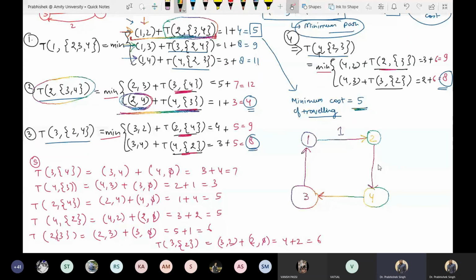The path from 4 to 3 is 2. The path from 3 to 1 is 1. So just add up all these weights: 1 plus 1 plus 2 plus 1, which is equal to 5. And it is equal to the minimum cost of traveling which we have calculated using our method for the traveling salesman problem. By this way, you have to solve all these questions of the traveling salesman problem.